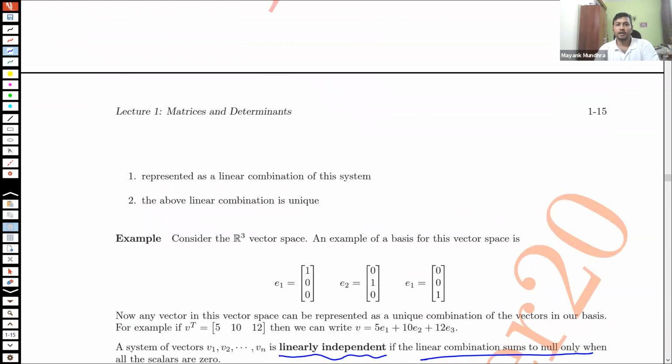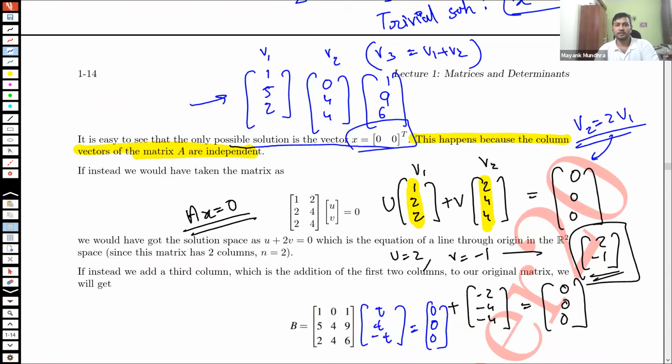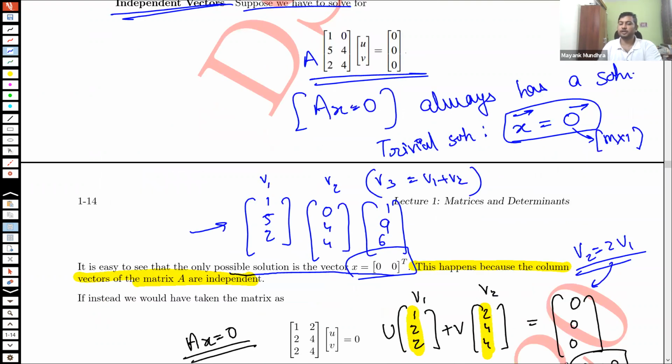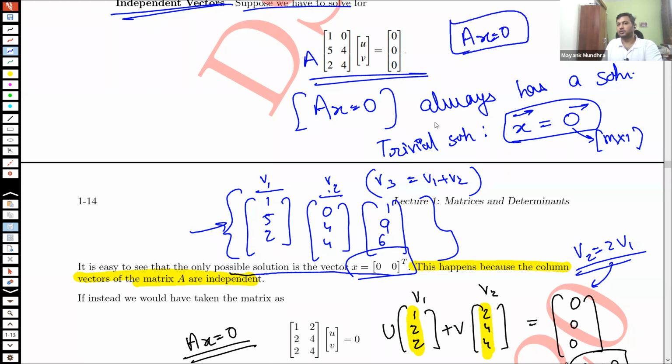So let me come back to this example which we did earlier. This v1, v2, v3, if you remember. I generated v3 as v1 plus v2. So the initial vectors were just v1 and v2, which were linearly independent. So when I tried to solve Ax equals 0, I saw that this has only x equals 0 as the solution.